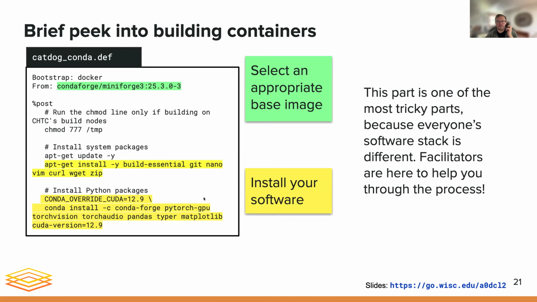Can you see my mouse okay? Yes. Okay. So in this case, we have decided that Git, a few text editors, and a few ways of grabbing files. And this is the really important one, we have to install zip because we know that we have to take a zipped up, a compressed file, and uncompress it.